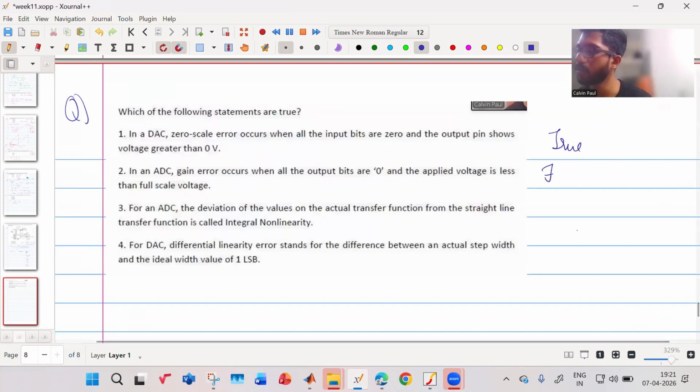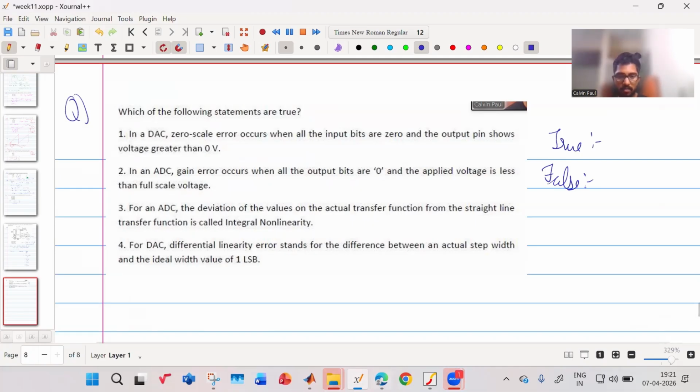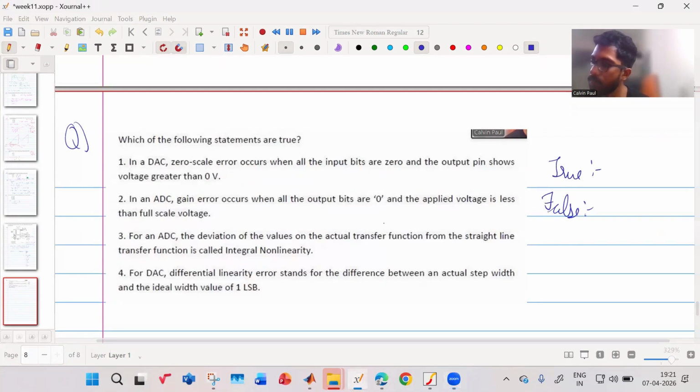Which statement is false? Can you tell me? One is true. Okay, what about two?